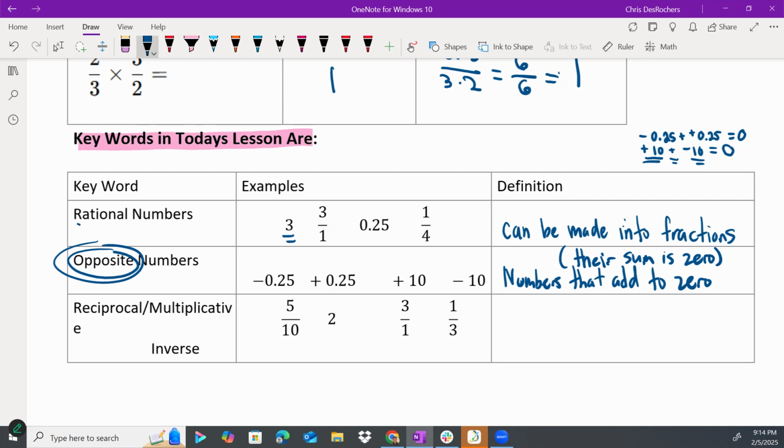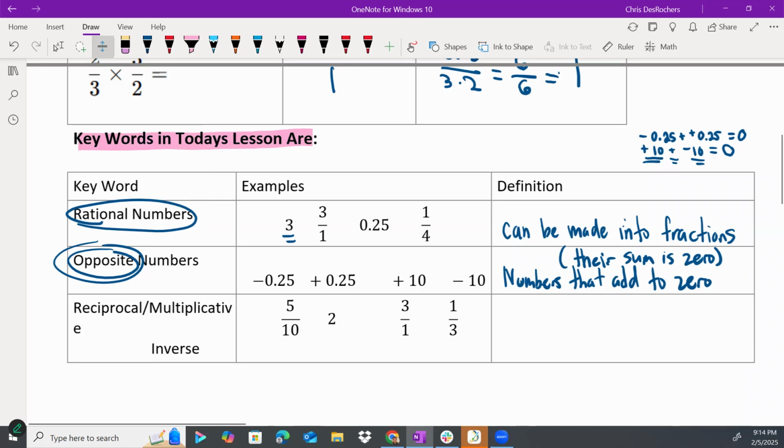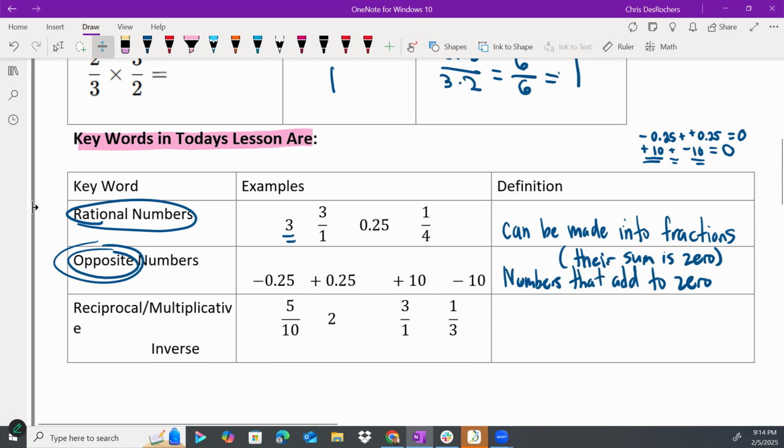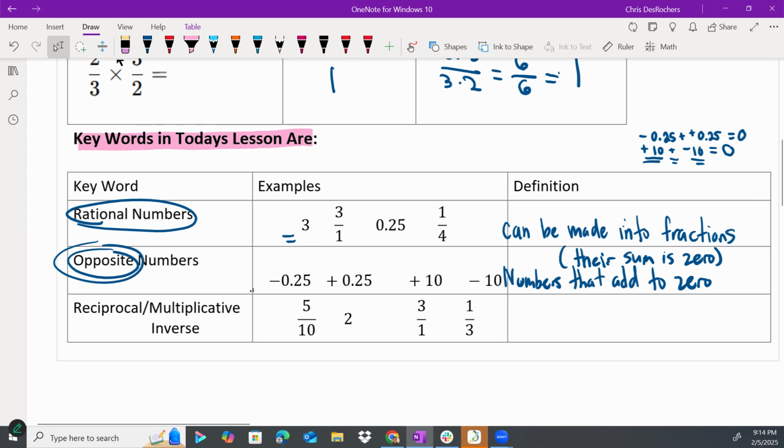Okay, so we've talked about rational numbers. Rational numbers can be made into fractions, and opposite numbers are numbers that add to zero. And let's look at the last keyword that we want to look at here. There we go. And now we have our last term, and this is a reciprocal, or some might say the multiplicative inverse.